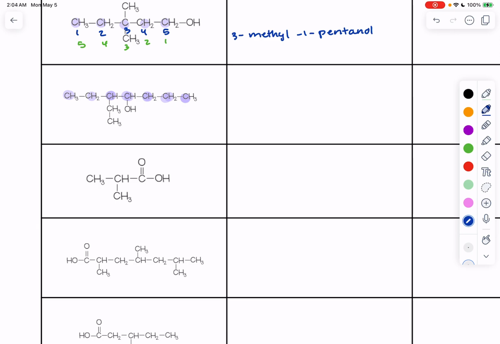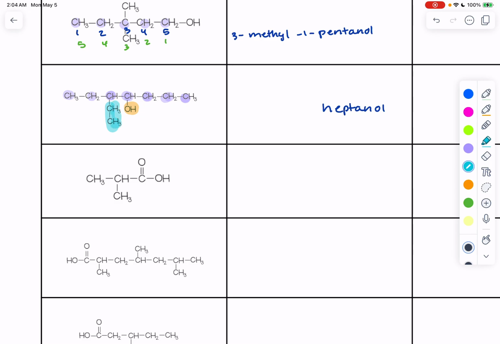So the longest carbon chain is 7. 7 is hepta. So heptanol, because we have a hydroxyl group sticking off of this, but we also have this group sticking off as well.